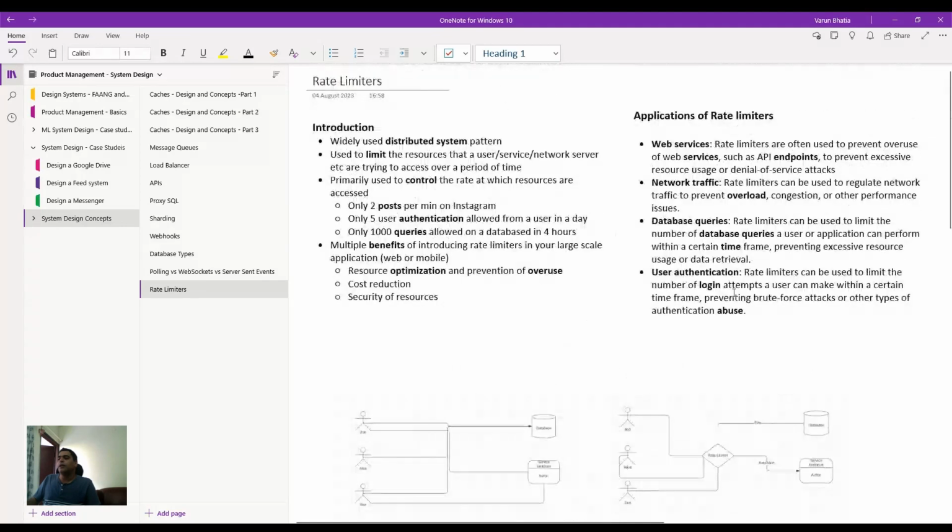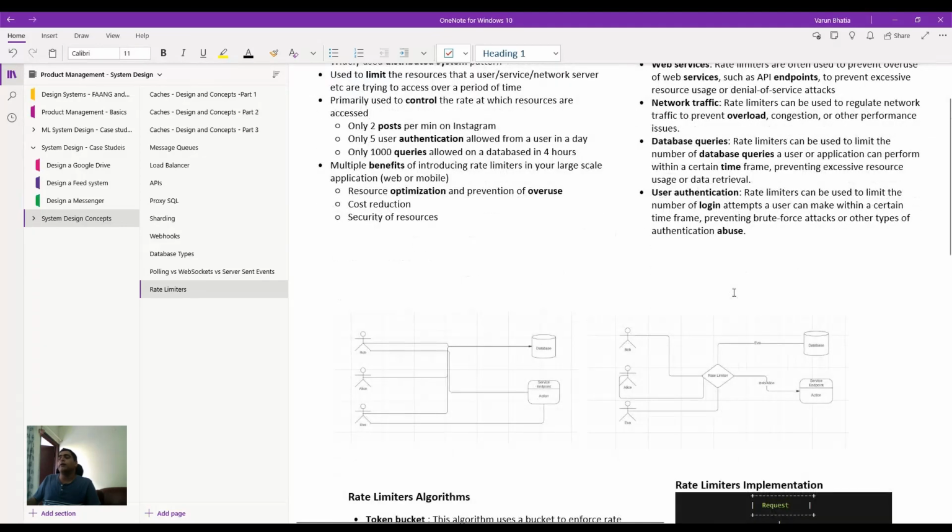We'll also look at how rate limiter implementation happens. But typically, let's say you have three users, Bob, Alice, and Eva. There is a rate limiter that is just allowing Eva to direct queries to the database, because let's say that is the limit that you have set, right? How do you set that and all that? I think the technical implementation will come in the last part.